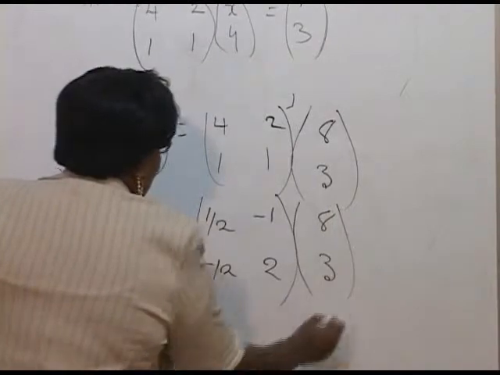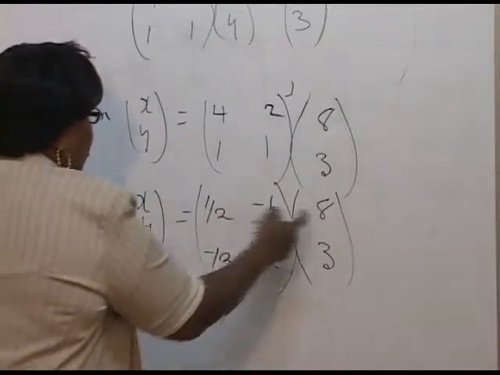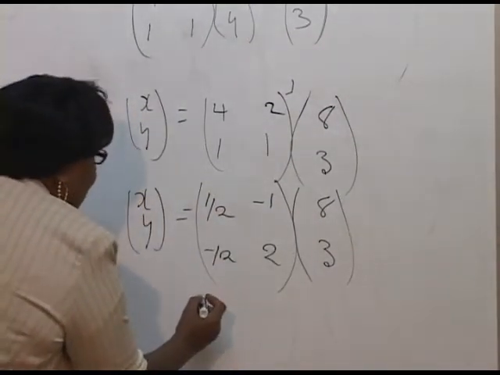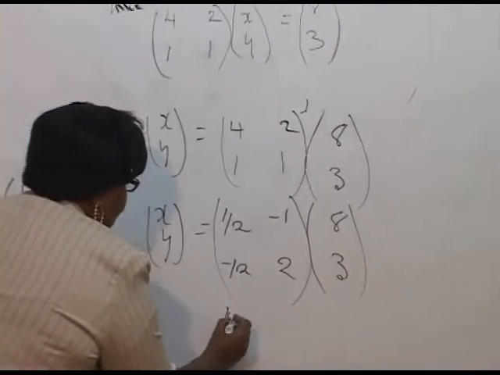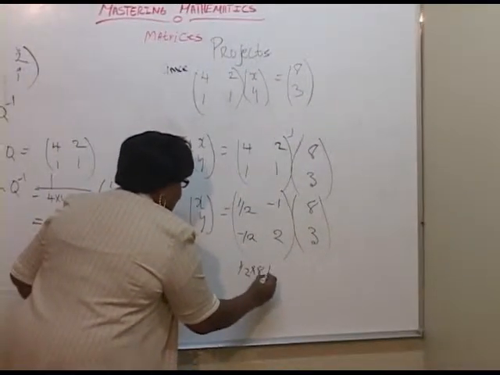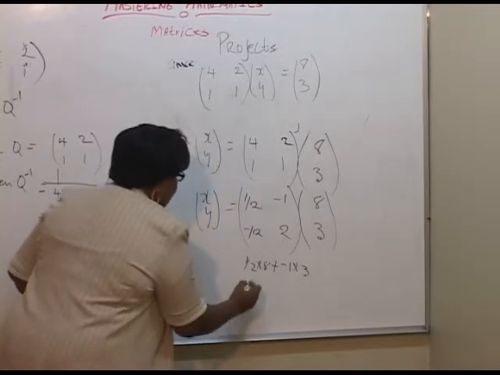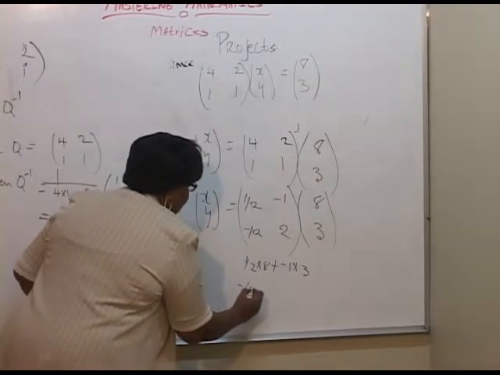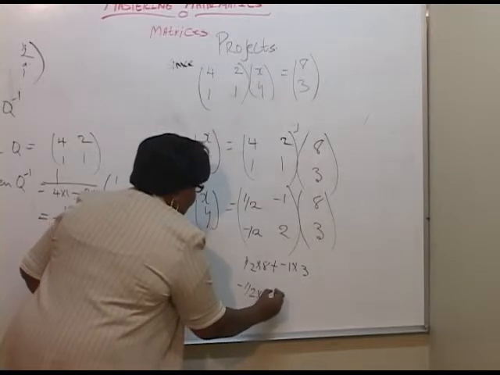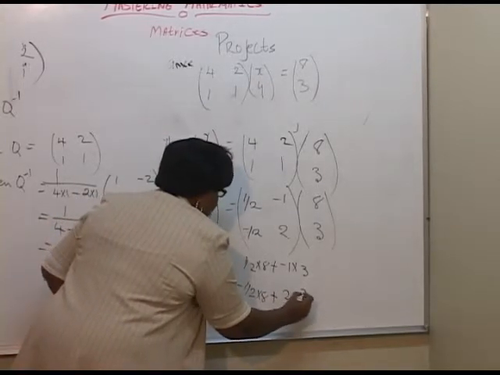So again, we would have been going first number with first numbers: a half times 8, plus negative 1 times 3. Okay, so again, it is negative a half times 8, plus 2 times 3.